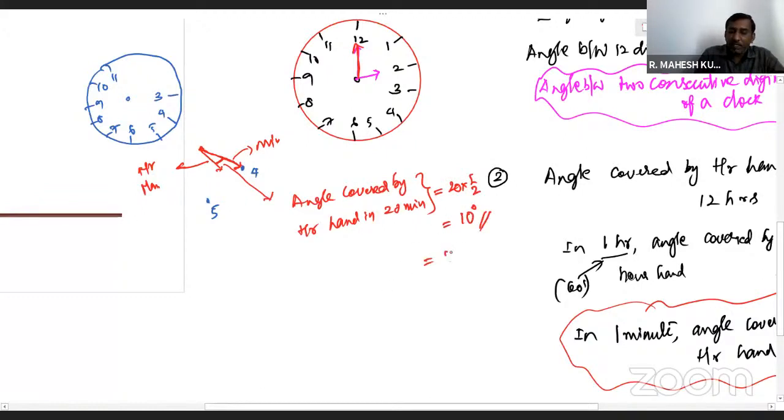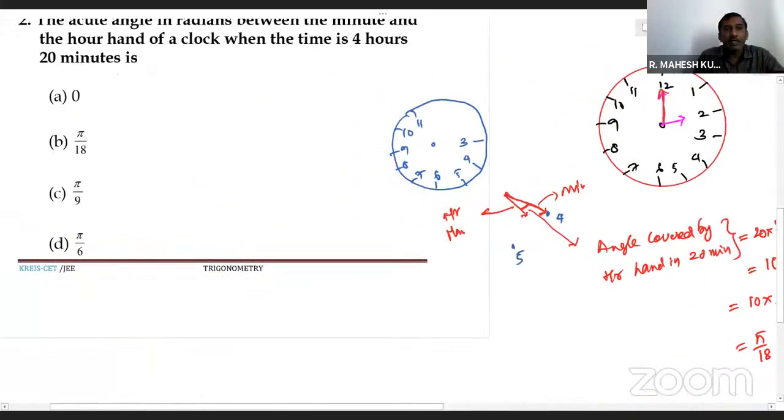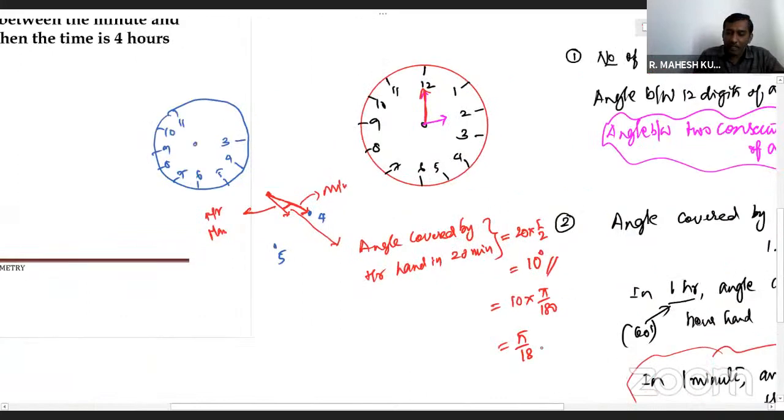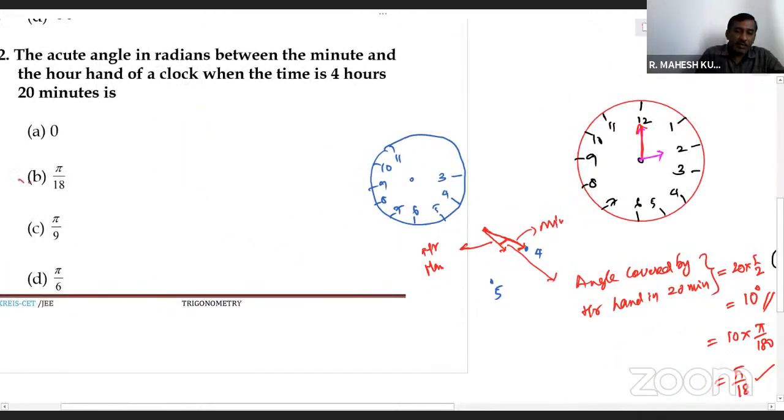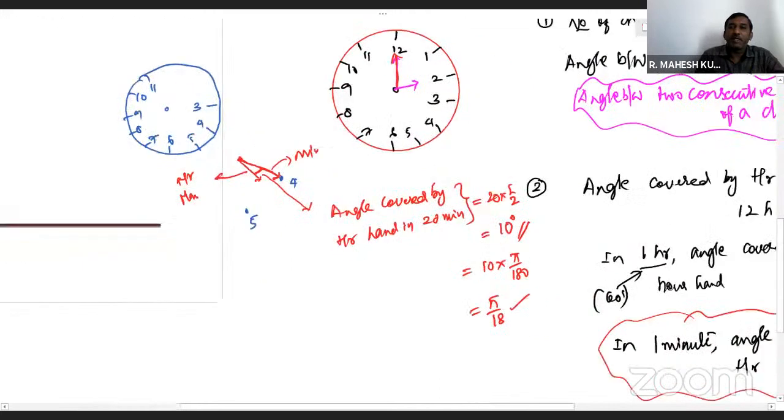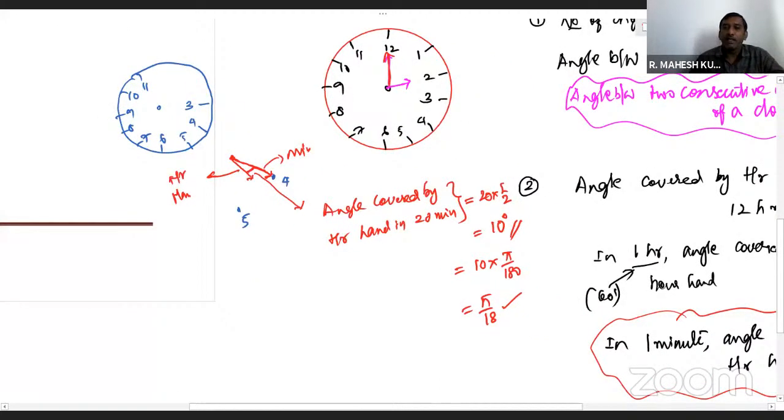To convert 10 degrees to radians, we take 10 multiplied by pi by 180, so it is going to be pi divided by 18 radians. So pi by 18 radians is the answer. Option B is the correct answer. Understood, all of you?